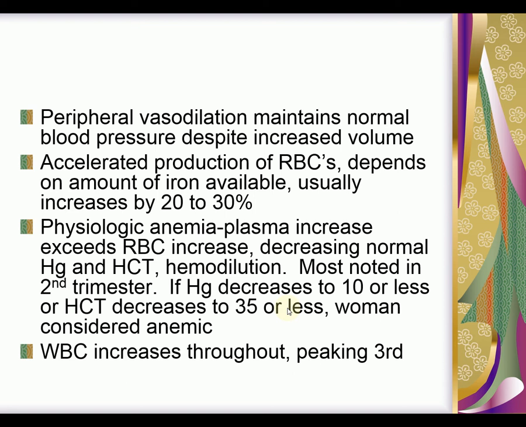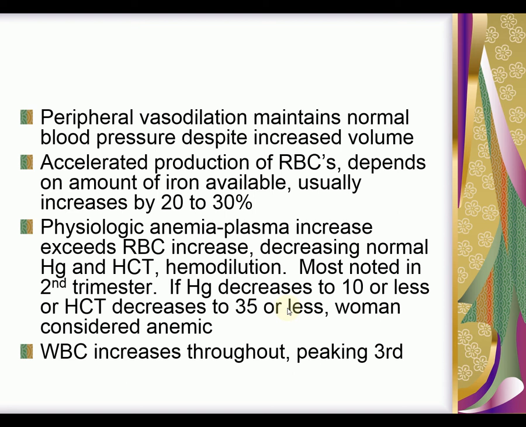If we see a hemoglobin of 10 or less, or a hematocrit of 35 or less, we do consider our mom anemic, and we may want to start them on iron supplements. And as y'all learned in pharmacology, iron causes a lot of gastric distress, and you've got pregnant women who are already nauseated and have vomiting at times.